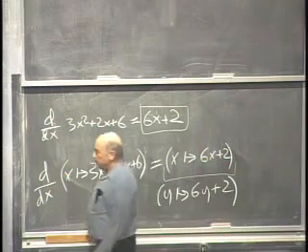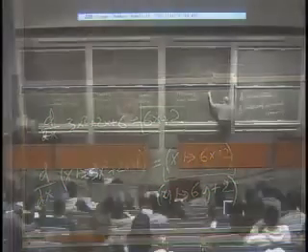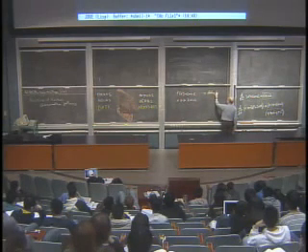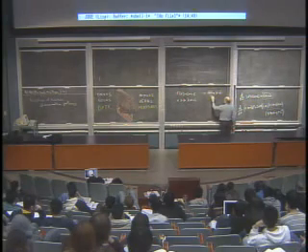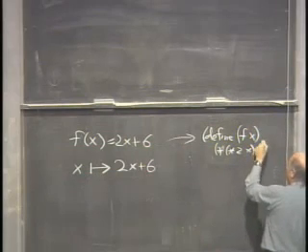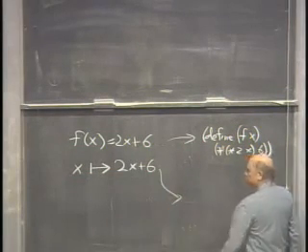So in computer land, we have the same distinction. Instead of this, we can say define f of x, plus times 2x 6. But what do we say instead of this?